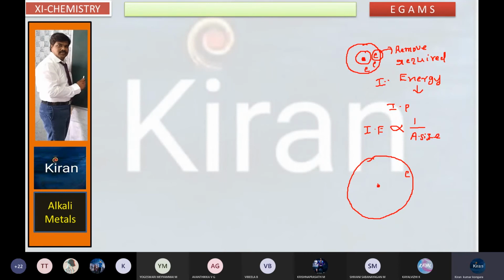The nuclear attraction force is very less on this valence electron. That is the reason you can remove this electron easily. When you apply a little amount of energy, this electron comes out. When size increases, ionization energy decreases. When size decreases, ionization energy increases. So you have to remember this: ionization energy is always inversely proportional to the atomic size.